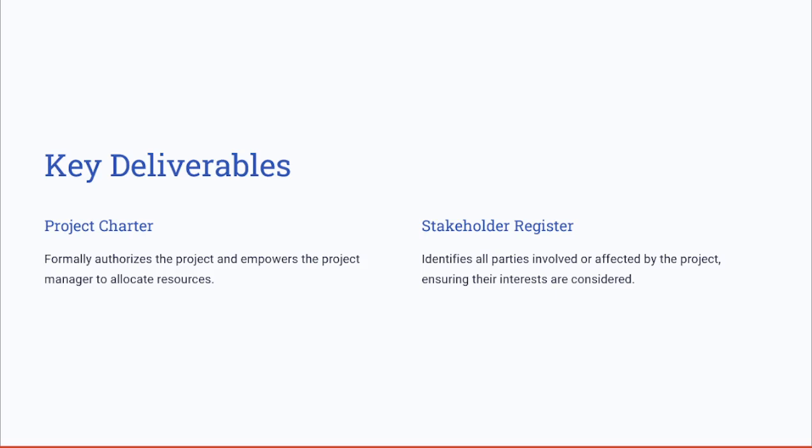But here are the key deliverables involved in the initiating process group, or the outputs of that stage or phase itself. As we mentioned, the two critical outputs of the initiating process group are the project charter and the stakeholder register.